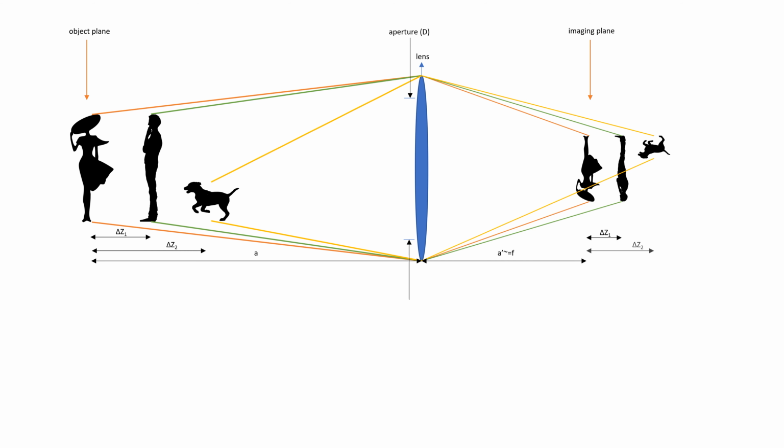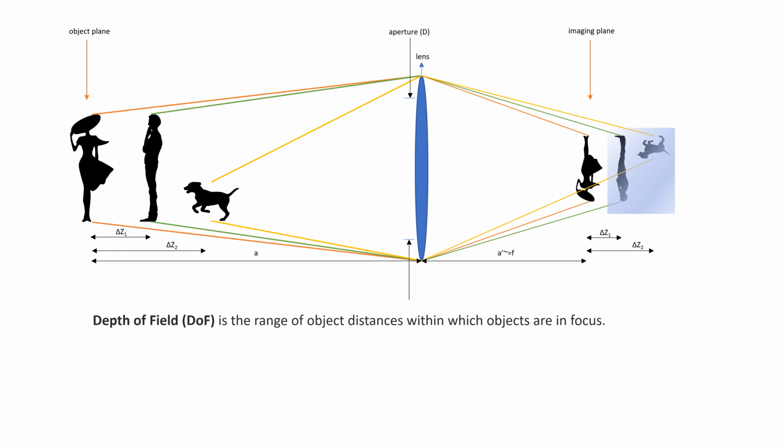Having understood how the camera handles focus and out of focus objects, depth of field can be defined as the range of object distances within which objects are in focus, or basically the distance from the nearest objects in focus to the farthest objects in focus in an image. The larger the depth of field, the more objects in focus, and the smaller the depth of field, the fewer objects in focus.